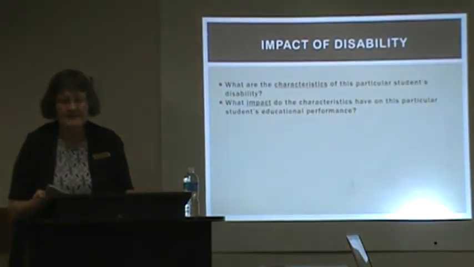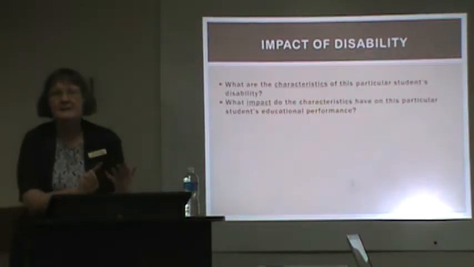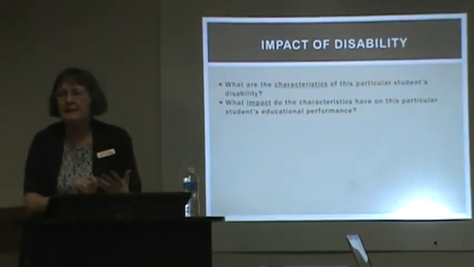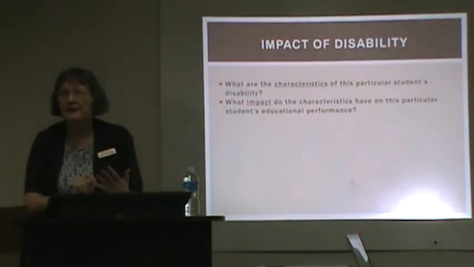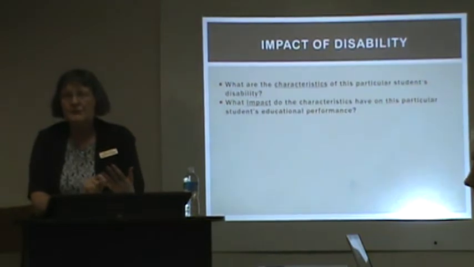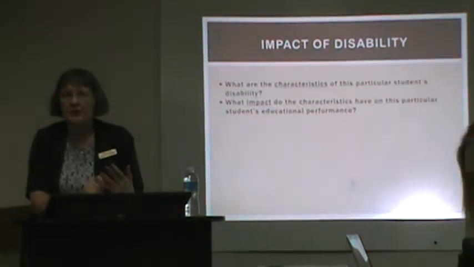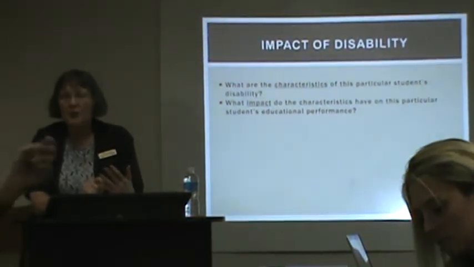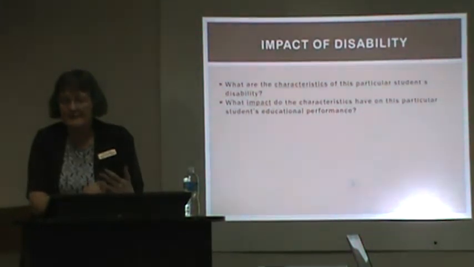So what is now required? The state wants two basic pieces of information included in the impact statement or statements. The two questions you need to be answering are, what are the characteristics of this particular student's disability?